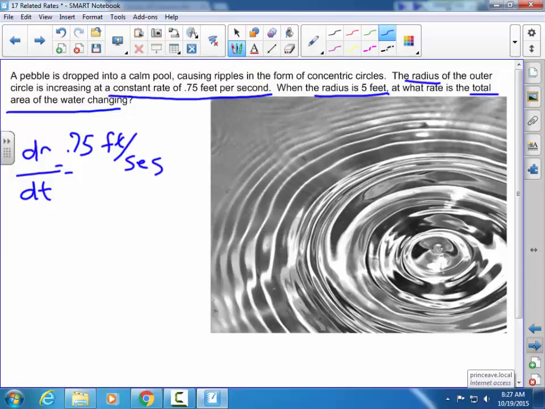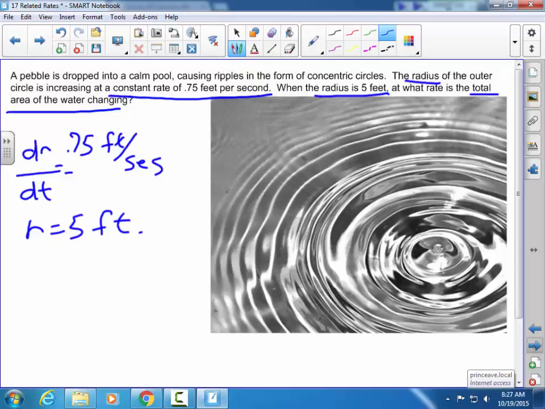Well, then we know R is 5 feet. What other variable do we have in here? What are we looking for? At what rate is the total area? So we're looking for the acceleration of the water. No, it says at what rate is the total area changing?